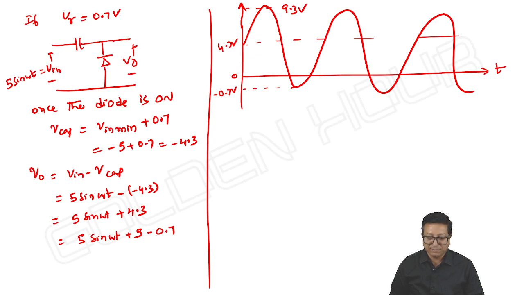Okay. And one more thing, as I told, the input can be 5 sin omega t, or 3 plus 5 sin omega t, or minus 4 plus 5 sin omega t, different combinations you can see. Ultimately, the diode should experience some positive voltage to conduct for the input negative peak. Then we can take V capacitor is equal to input minimum plus 0.7 and accordingly proceed.